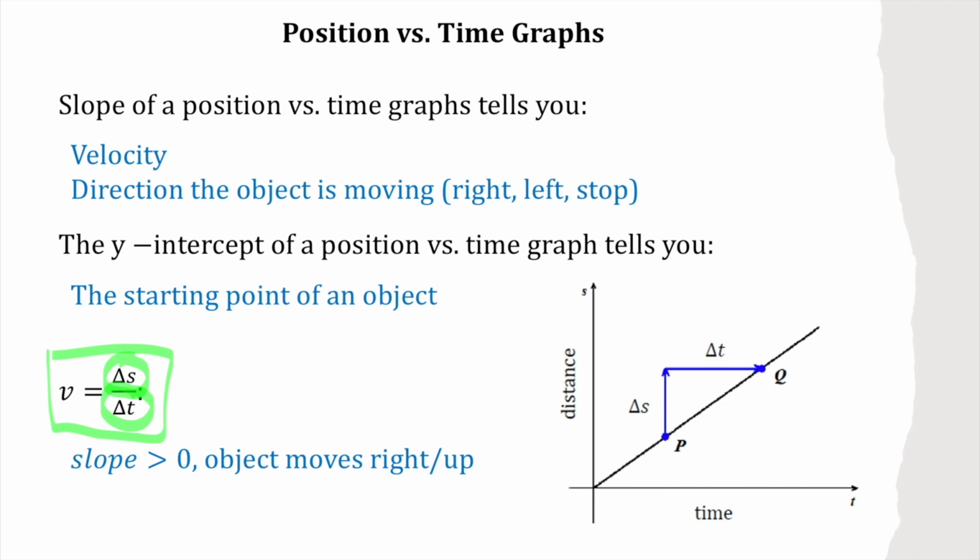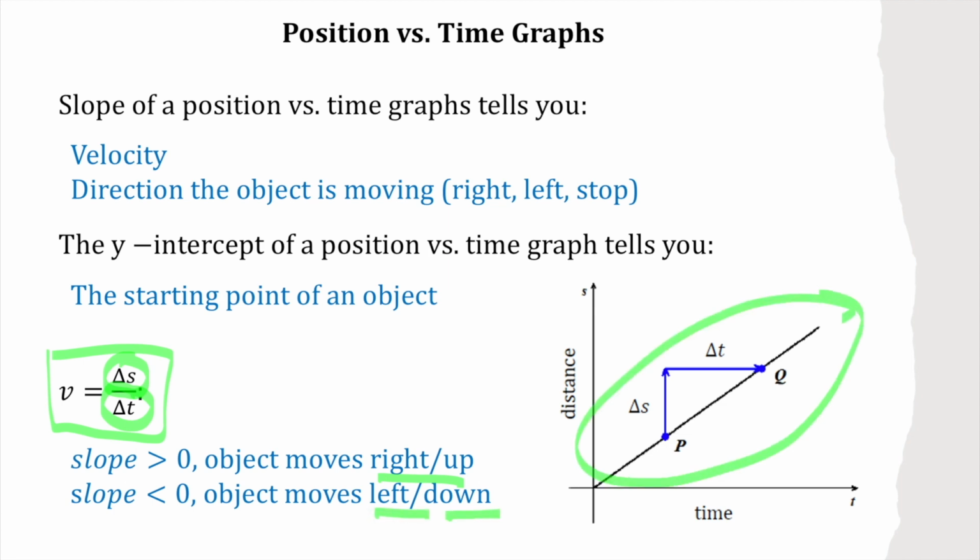So if the slope is greater than 0, the object is moving to the right or up. If the slope is less than 0, then the object is moving left or down. So in this particular position versus time graph, we have an object that's moving up or to the right.